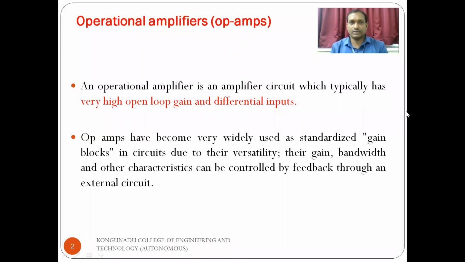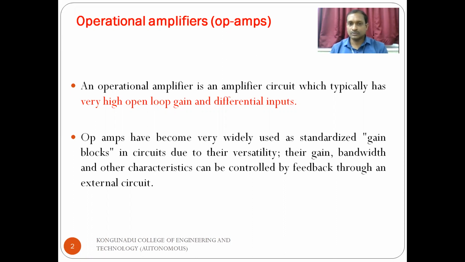So, operational amplifier. It is one of the amplifier circuits which typically has very high open loop gain and differential inputs. The gain of the open loop operational amplifier is very high. The inputs are differential inputs. So this op-amp is generally called a gain block in most of the circuits.